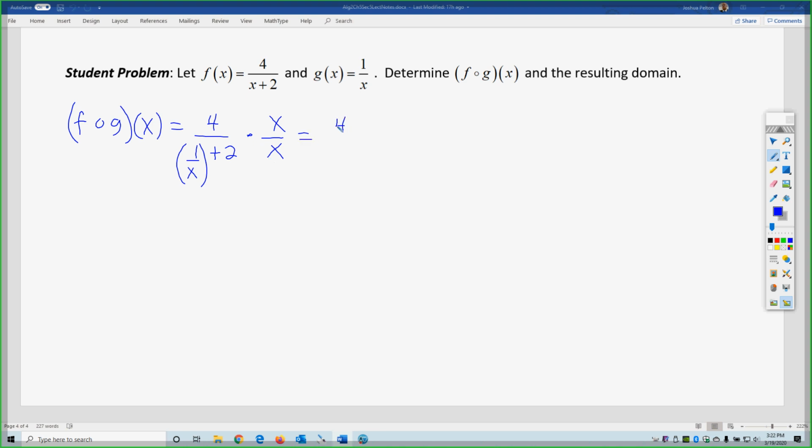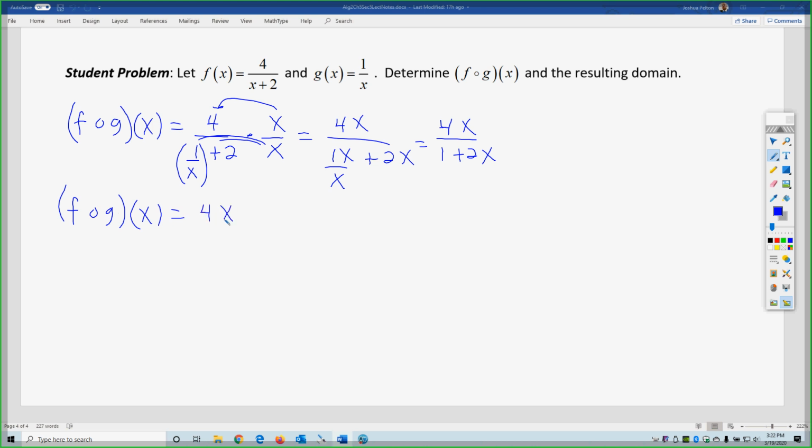That gives me 4x when I distribute. And distribute on the bottom, I get 1x over x plus 2x. So simplified, I get 4x over 1 plus 2x. So my actual function composition is 4x over 1 plus 2x.